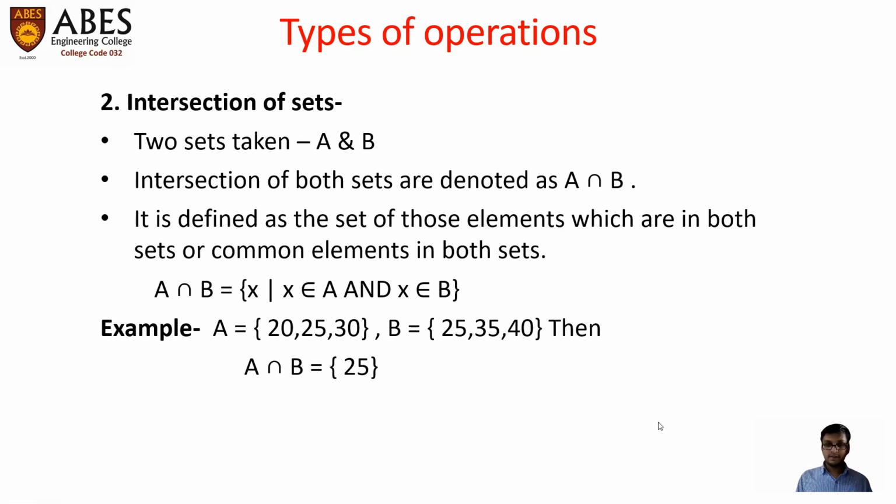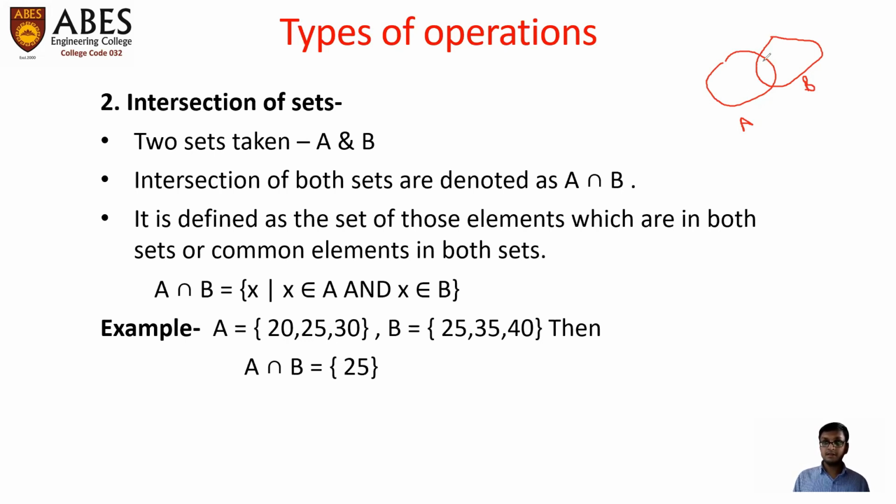Now I will show the Venn diagram representation of the intersection operation. Here again two sets are there. This is the part of set A and this is the part of set B. But the intersection property says that only common elements, or the same elements which are present in both sets, are considered.